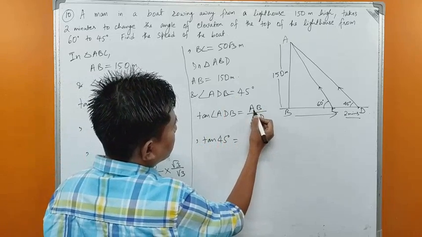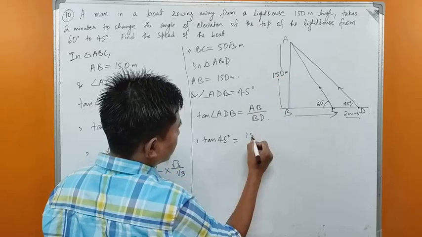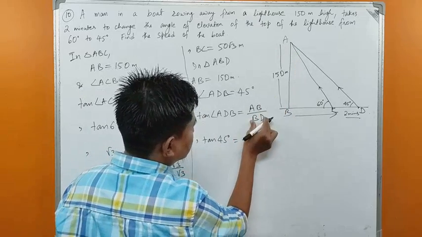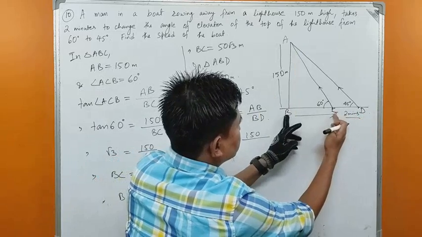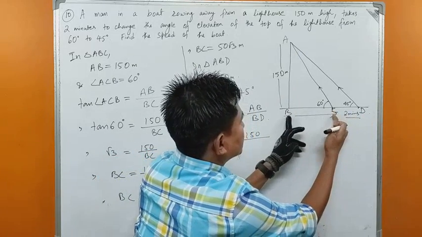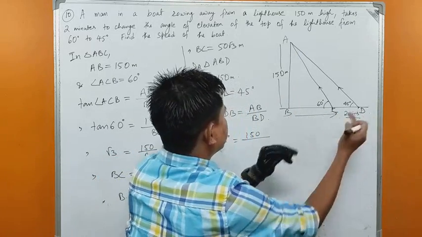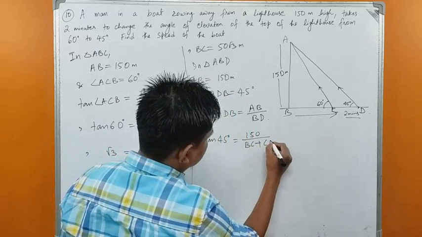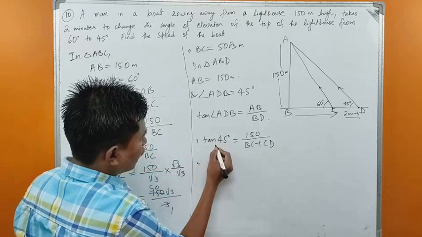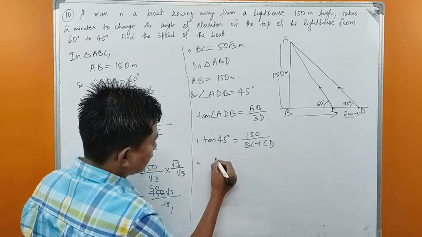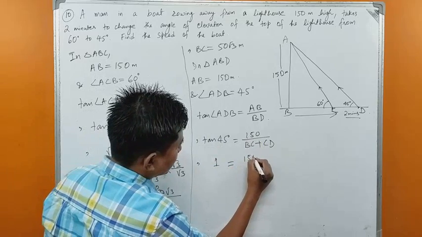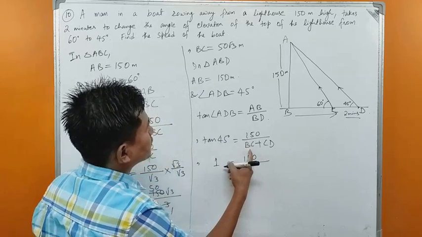So tan of angle ADB is tan 45 degrees, equals AB, known to us, 150. BD means BC plus CD, BC plus CD gives us the whole BD, isn't it? So you can write BC plus CD. The value of tan 45 degrees is 1, equals 150 upon BC, what is BC?